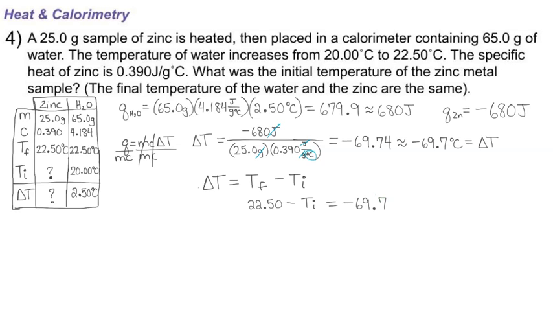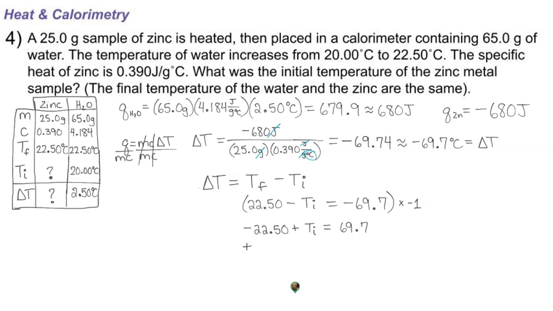So right away I'm going to go ahead and transfer my negative signs. I'm going to multiply the whole thing by -1, so that way I end up with negative 22.50 plus T initial equals 69.7. We can accomplish this by just multiplying the entire equation times -1. So that's what I did first. That makes it a little bit easier to move my numbers to the same side.